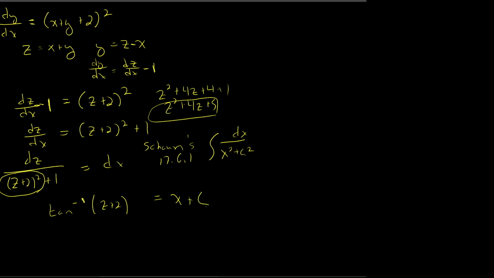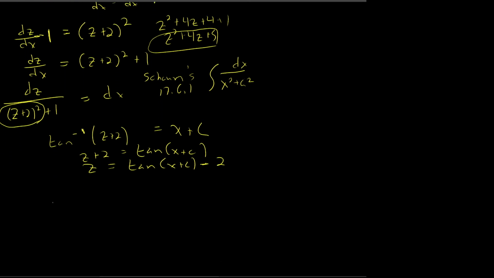equals x plus c, and that means z plus 2 is equal to the tangent of x plus c, but z was x plus y. Let me subtract my 2 first, so tangent of x plus c minus 2, and then x plus y equals the tangent of x plus c minus 2, and so y is equal to the tangent of x plus c minus x minus 2.